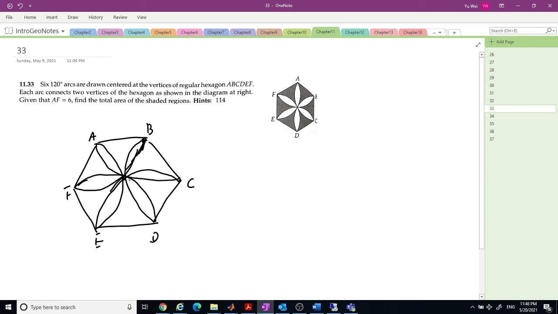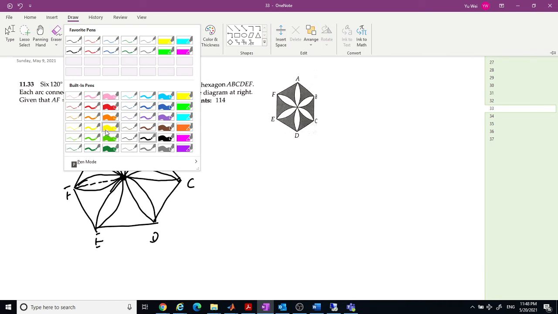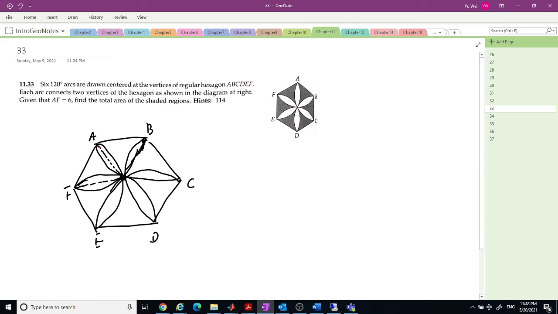So you can see here, let me cut it a little bit. Okay, so by symmetry, you can see after we cut, we have an equilateral triangle here. Given AF is 6 and 6 and 6, right?